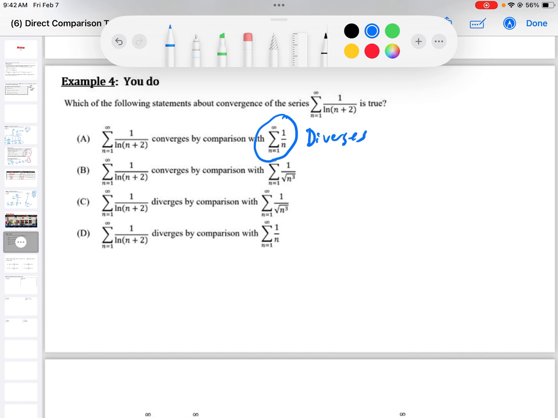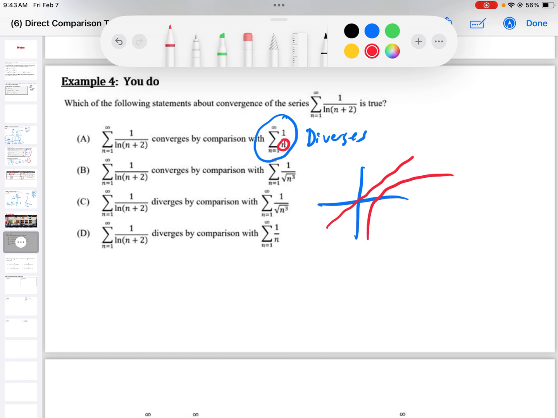So by comparing the two, would I say one? Which one? If the smaller one diverges, the bigger one diverges. But if I think about the graphs of just the denominator, that would look like a straight line. As I plug in 1, it's 1. Plug in 2, it's 2. Plug in 3, it's 3.